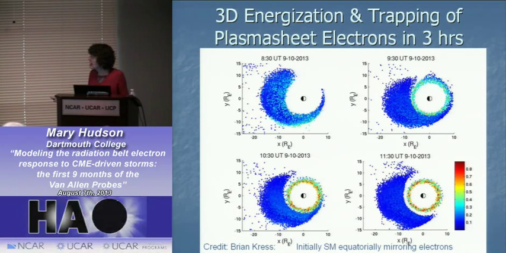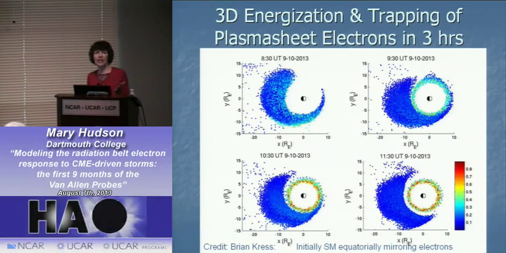And as they do so, they're becoming energized because they're moving into a region of stronger magnetic field. And now you get a relaxation of a boundary between plasma sheet electrons that are just drifting to the magnetopause, that's the blue, and ones that have become trapped and energized, seen here in green all the way on up to red.